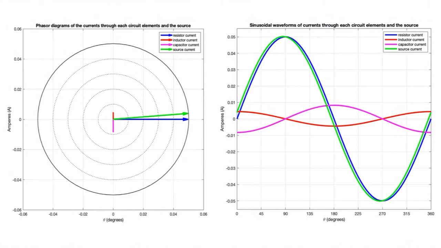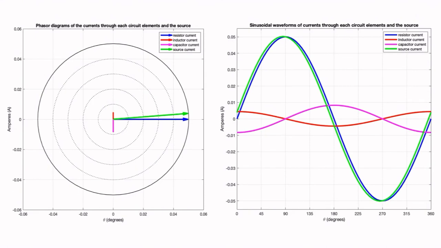So most of the source current comes from the resistor, and that is why the angle between the source current and the resistor is small, but it's not very small. We can also see that in the sinusoidal waveform there's a small shift, which again corresponds to about 4.43 degrees, which is the phase angle. The shift between the resistor and the source current.